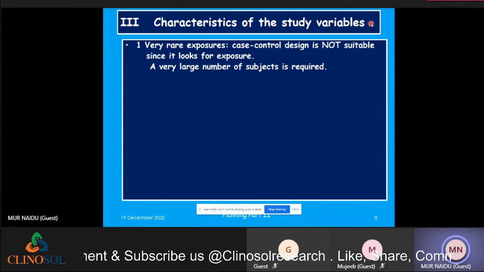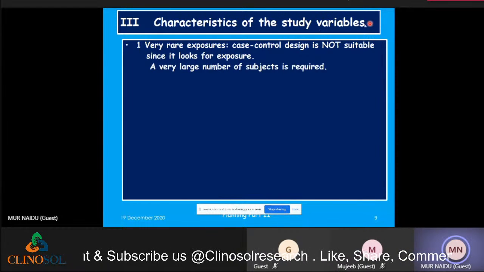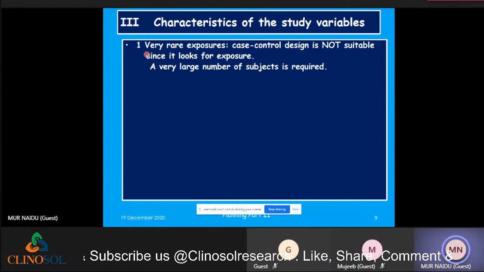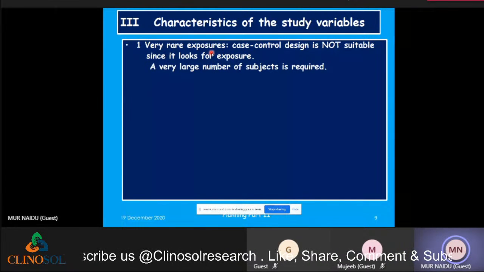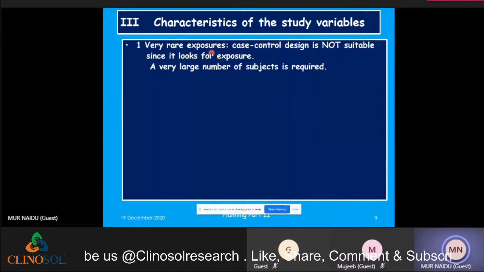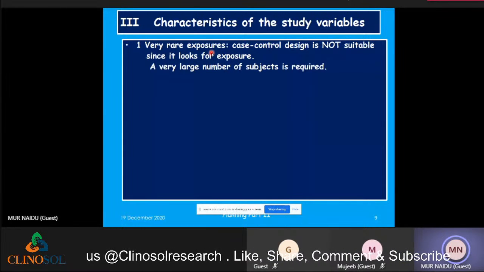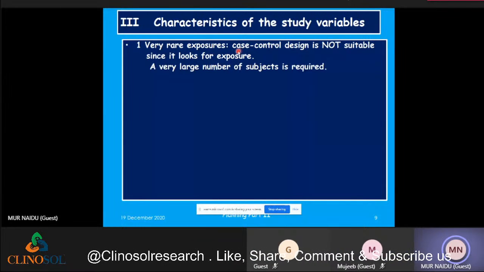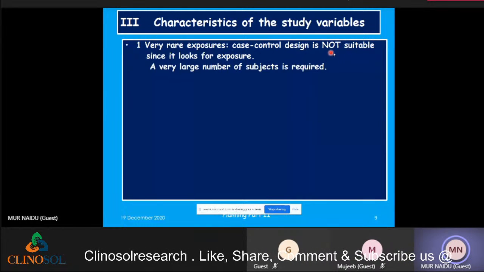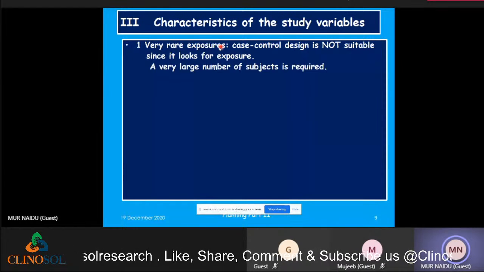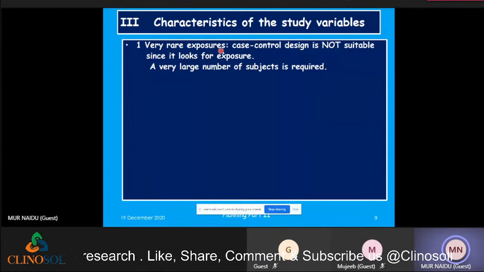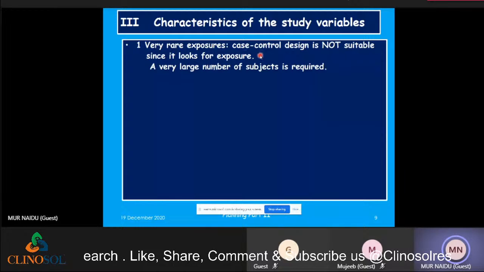So you must very clearly know about the variable. For example, if the variable is a very rare exposure, hardly a few people may be developing a particular problem. In that condition, case control design is not suitable. You will not get so many cases to check the exposure because it is very, very rare. It will be very difficult to do.